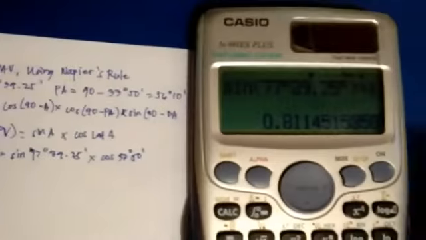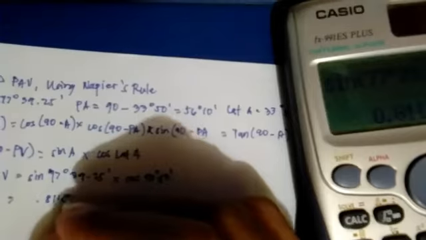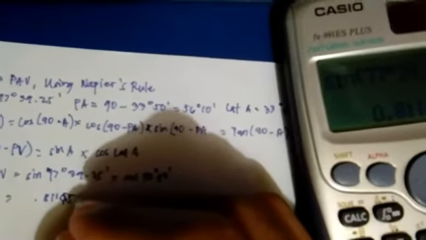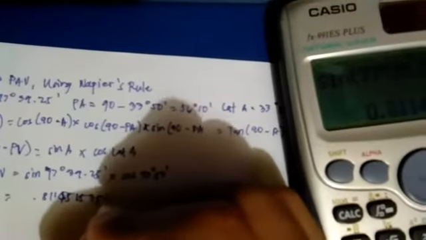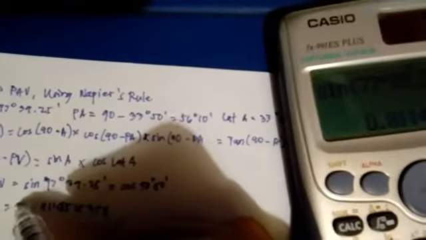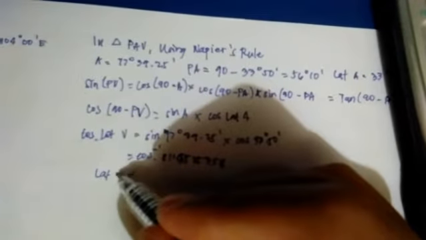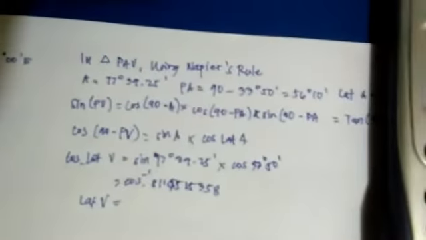So we will have 0.8114 15358, and since it has cos here, we will inverse cos to be able to get the latitude of our vertex.